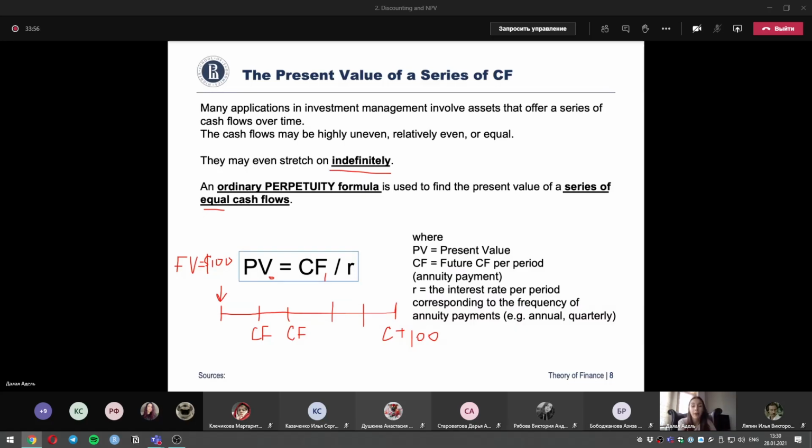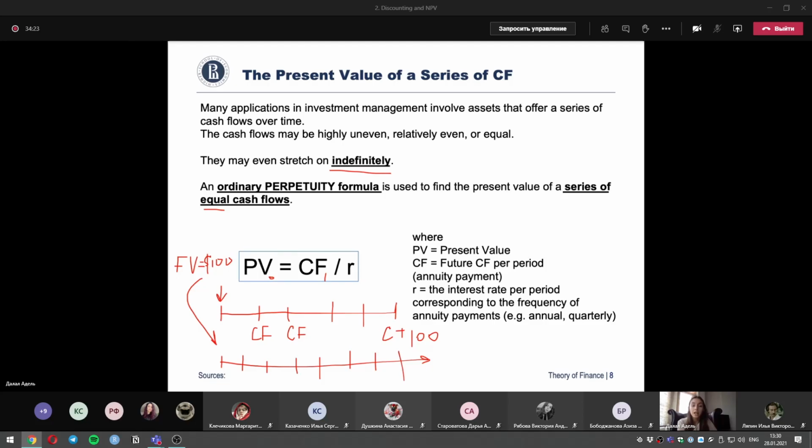If we consider perpetual bonds, what we get is this: we buy it for $100 today. We buy this right to receive cash flows every year, some fixed cash flows, for example, 1% from this $100, well, in general, less than one.